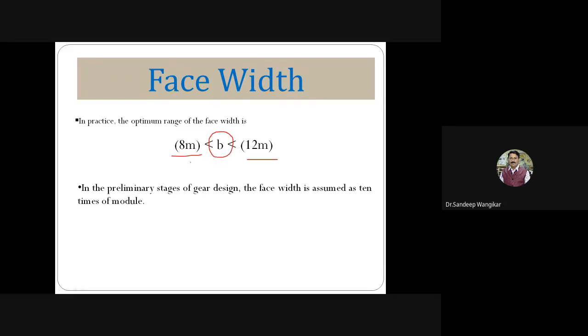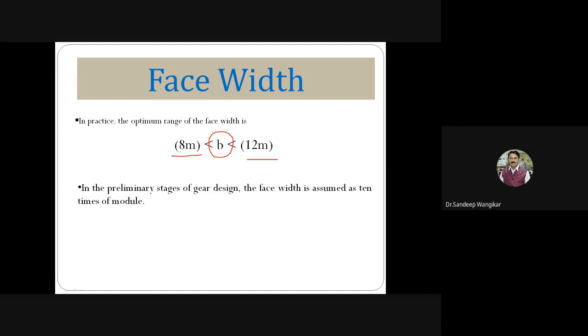In the design calculation, we have to express face width B in terms of module, so that the whole equation gets converted into module. We will calculate the module, and after that we will put in the formula B equal to, for example, 10 times m. So you will get the face width answer also. It is a requirement of the Lewis equation to express the face width in terms of module.